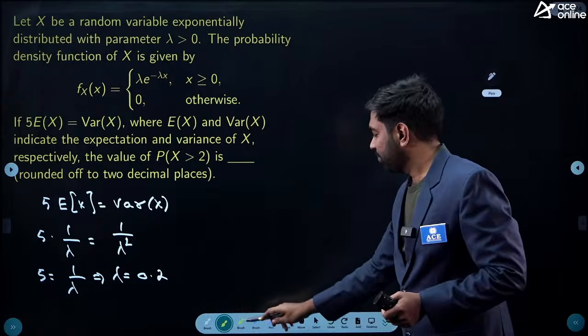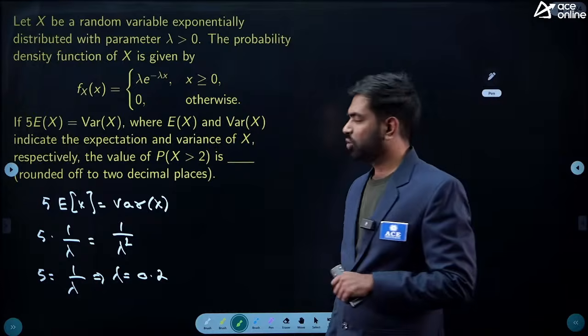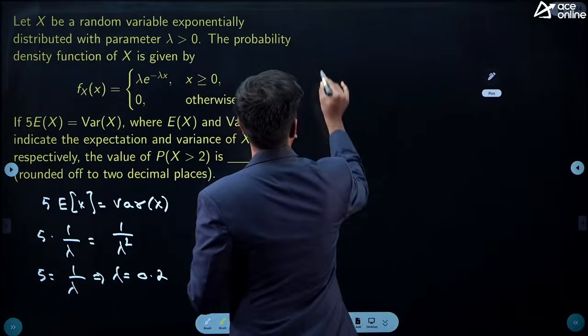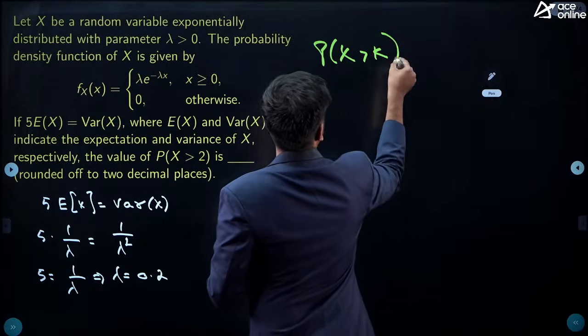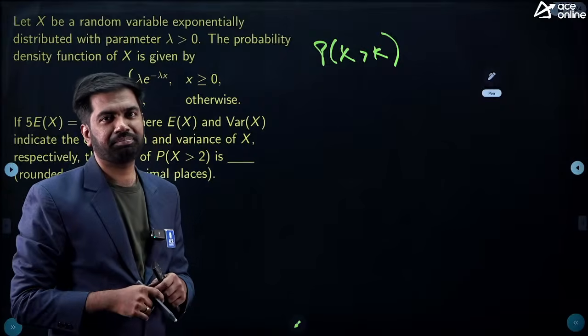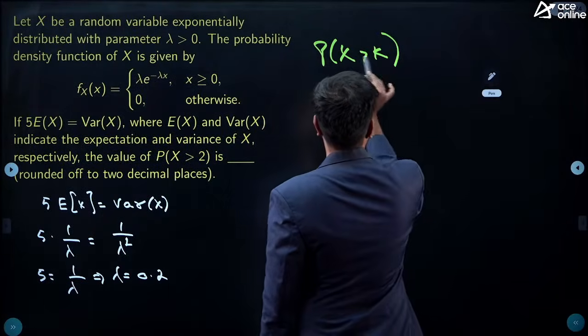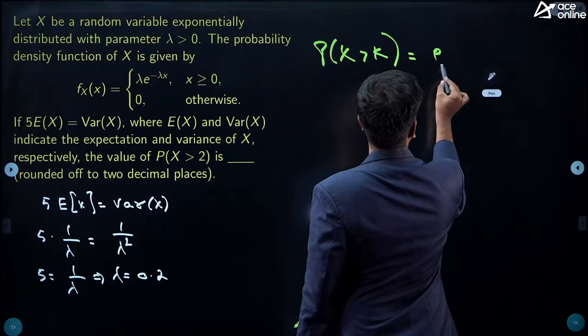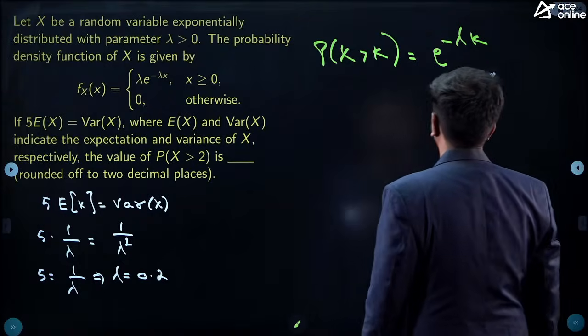Students, whenever a question is framed on exponential, most of the time they use this result: if x is exponential random variable, then the probability of this event is one of the most important things. You can write the answer in one line. The probability of x greater than k is simply e power minus lambda k.